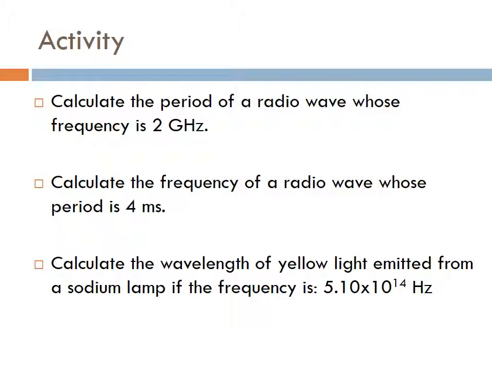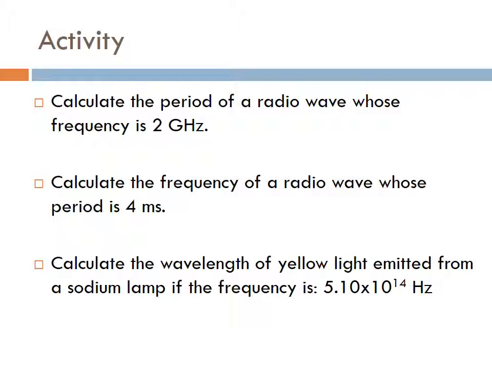Calculate the frequency of a radio wave whose period is 4 milliseconds. So the inverse of 4 milliseconds provides you the frequency, and to obtain the frequency in hertz, you should transform the millisecond duration into seconds by multiplying it by 10 to the power minus 3.